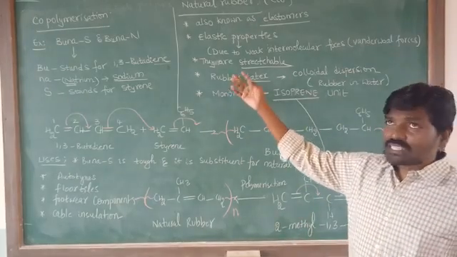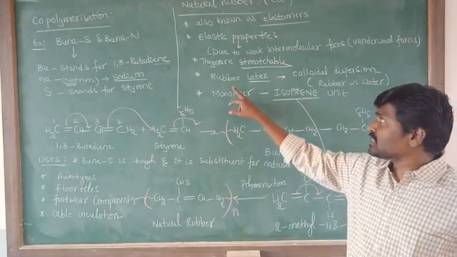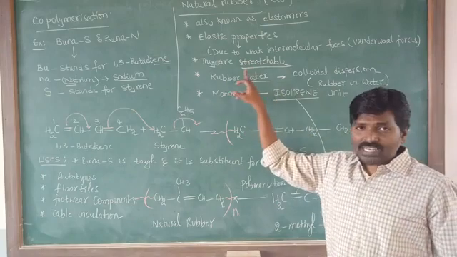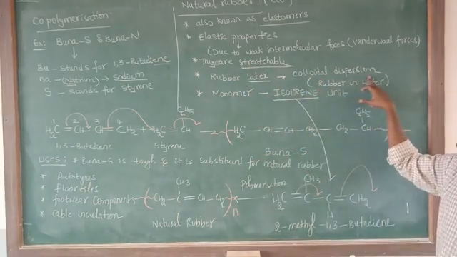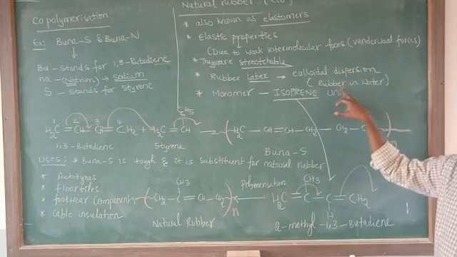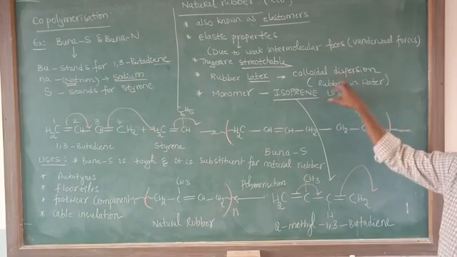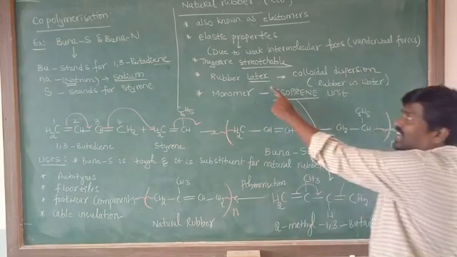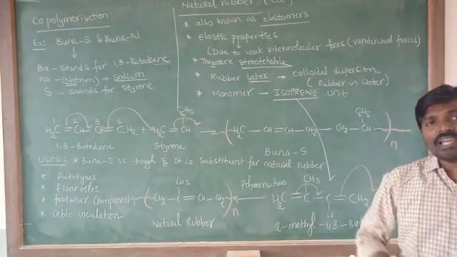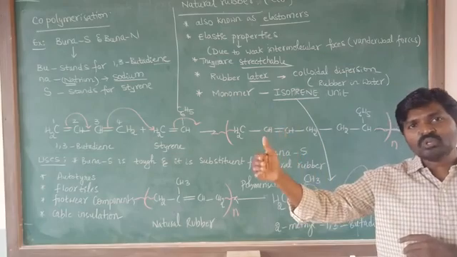Next, if you take natural rubber, it is coming from rubber latex here, okay? Now if you take that rubber latex, it is a colloidal dispersion medium. Colloidal dispersion medium means rubber in water. Like a solution: a solution is a mixture of solute and solvent.